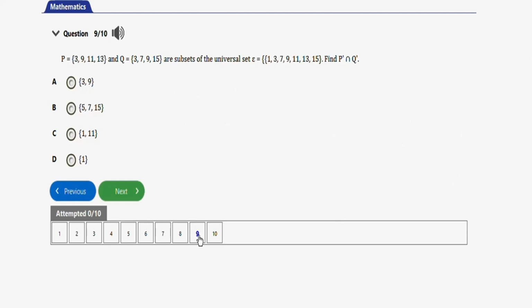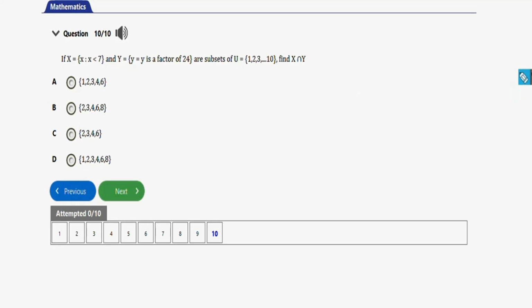So the last repeated question will be this one. It says if X equals this set of values ranging from this to this, and Y equals this set of values, subsets of the universal set, find X intersect Y. This means X is less than 7.